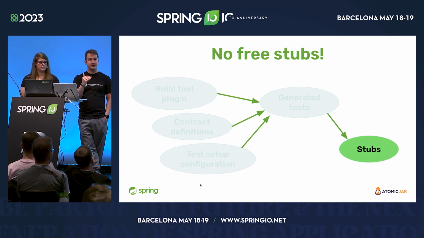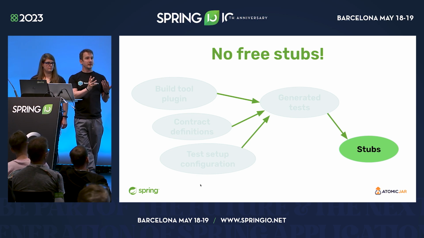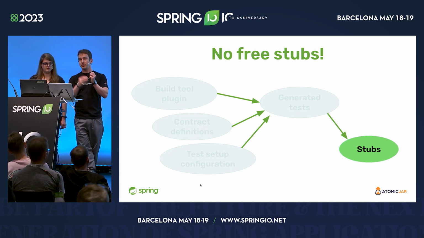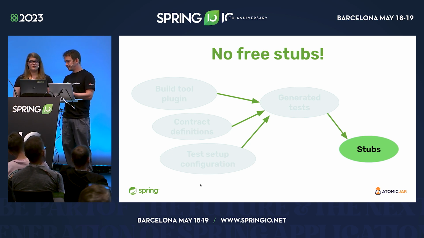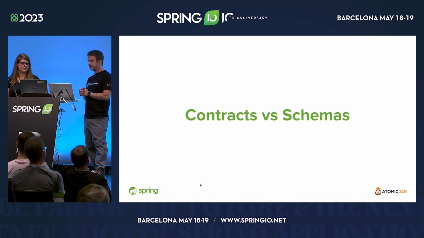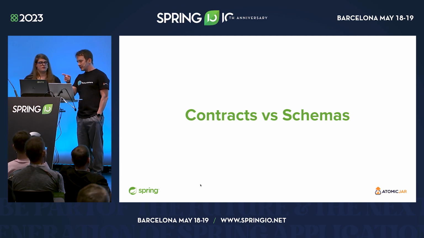What we're going to do with those is use them on the consumer side to run our tests against, verifying that not only, like on the producer side, the API produces what it's supposed to, but also as a consumer, we can work with that protocol. Yeah, that's basically what we want to have at the end of this. We want to have stubs that are according to the producer and that are not our wild imaginations.